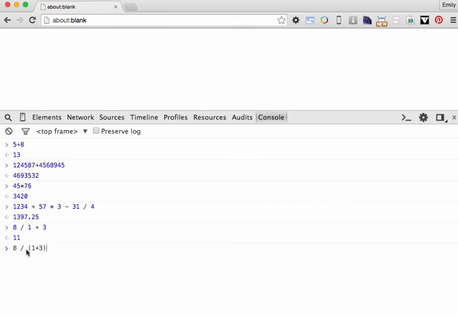So our resulting answer should be 2, which it is. You can see here that the parentheses force JavaScript to add 1 and 3 before dividing 8 by the resulting value, which is 4. So knowing the order of operations when you're dealing with numbers is going to be very important when utilizing JavaScript.